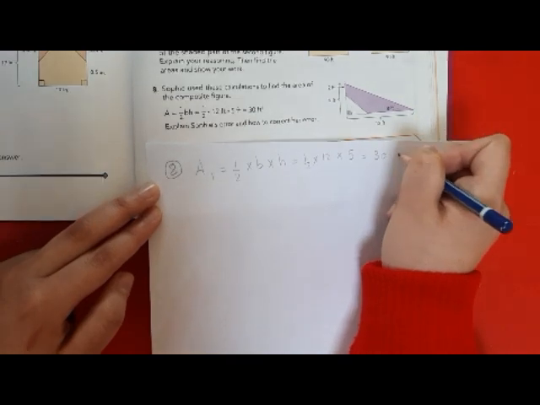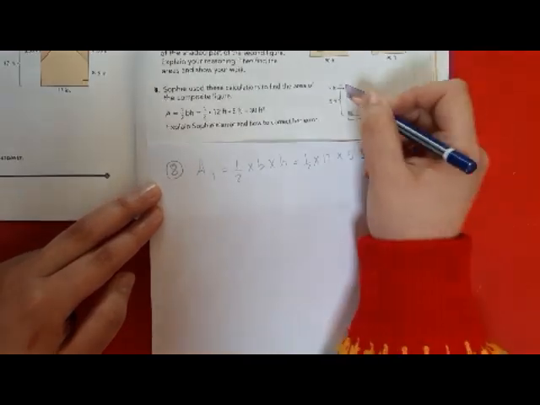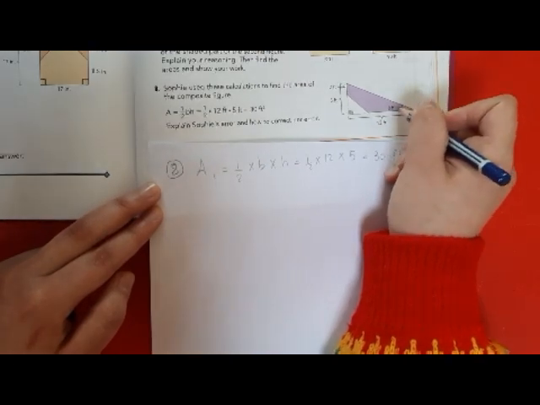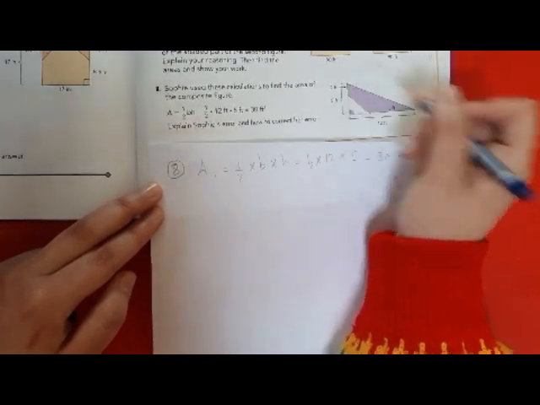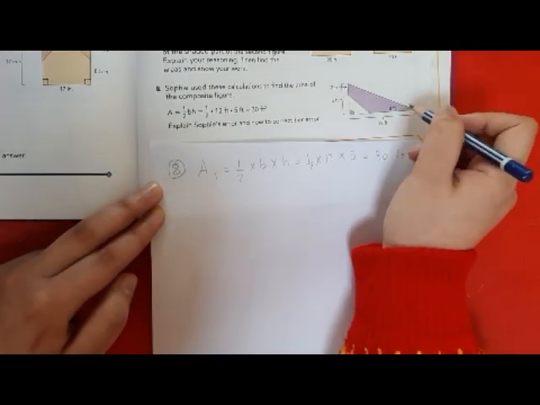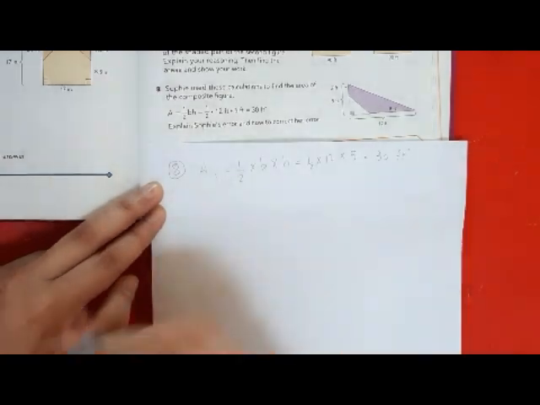So the answer will be 30 feet squared. But this is not the shape we want. We want the composite figure. How can we use this shape to get the area of the shaded figure?